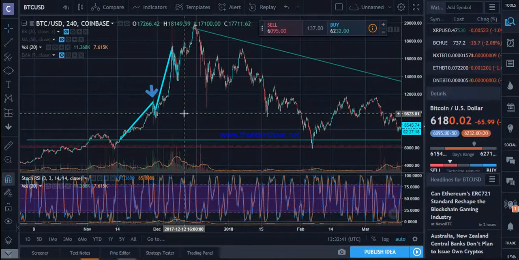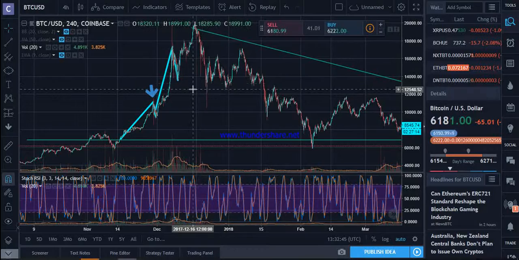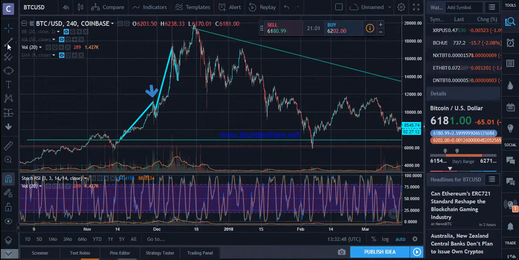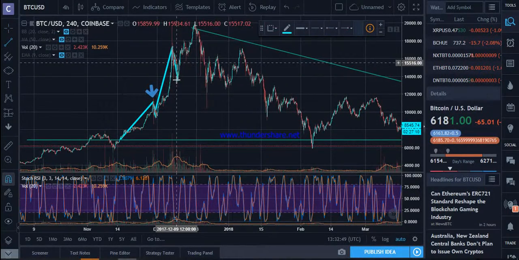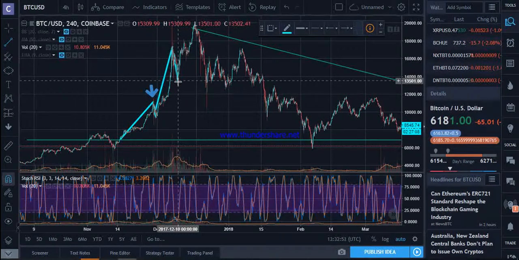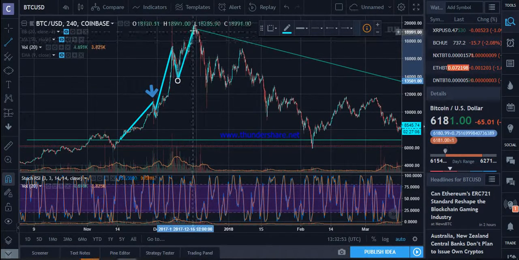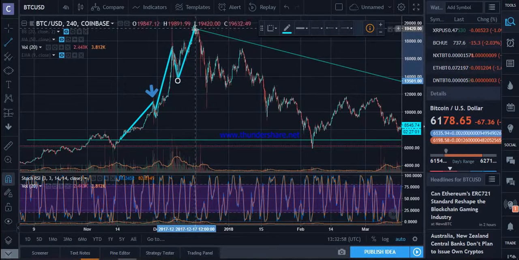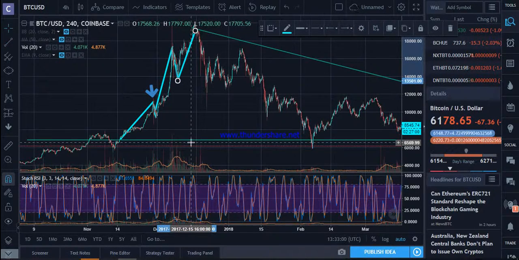So the last wave before the correction is wave 5. So you realize we can have wave 5 all the way from here up to here, and we have wave 5 up there. We can say that this is wave 5.